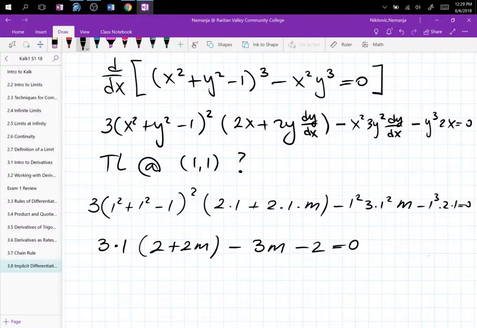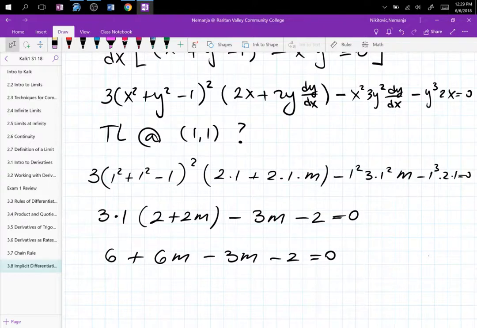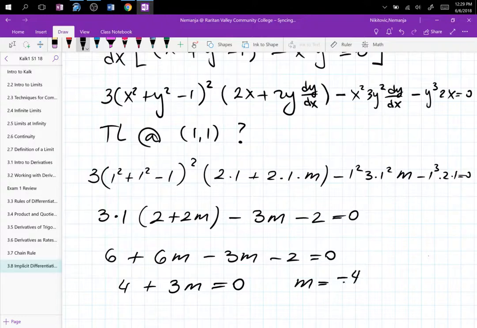So now 3 times 1 is 3, so it's 6 plus 6m minus 3m minus 2 equal to 0. And finally, 6 minus 2 is 4, plus 3m equal to 0. m equals negative 4/3.